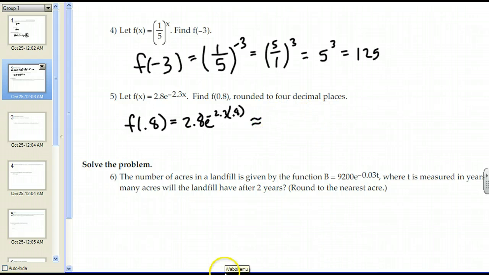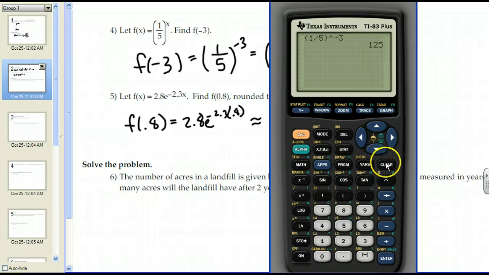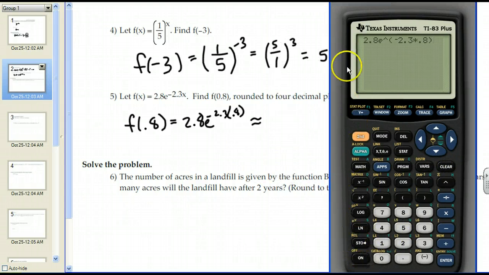So just throw that in your calculator and see what you come up with. So 2.8 e negative 2.3 times 0.8. Notice again the parentheses around the exponent. And then I get 0.4468 to 4 decimal places.